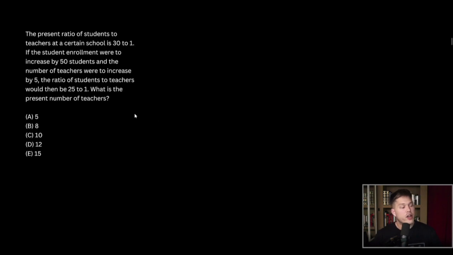The present ratio of students to teachers at a certain school is 30:1. If the student enrollment were to increase by 50 students and the number of teachers were to increase by 5, the ratio would change to be 25:1. What is the present number of teachers? Okay, so we have some student-teacher ratio that is 30:1.